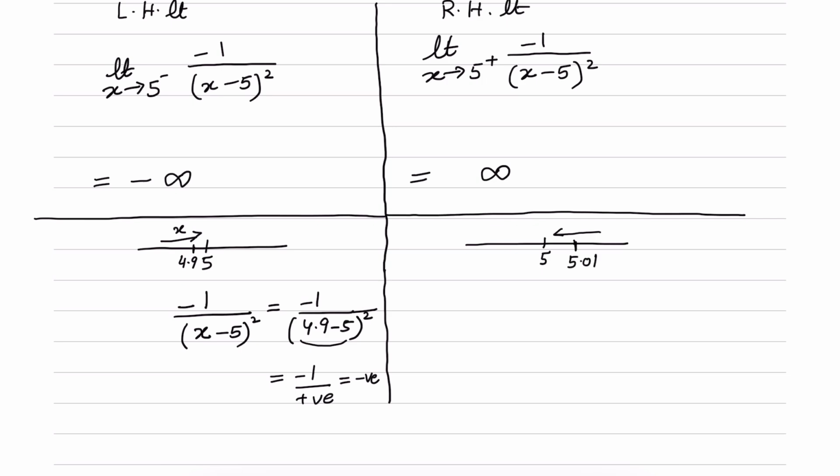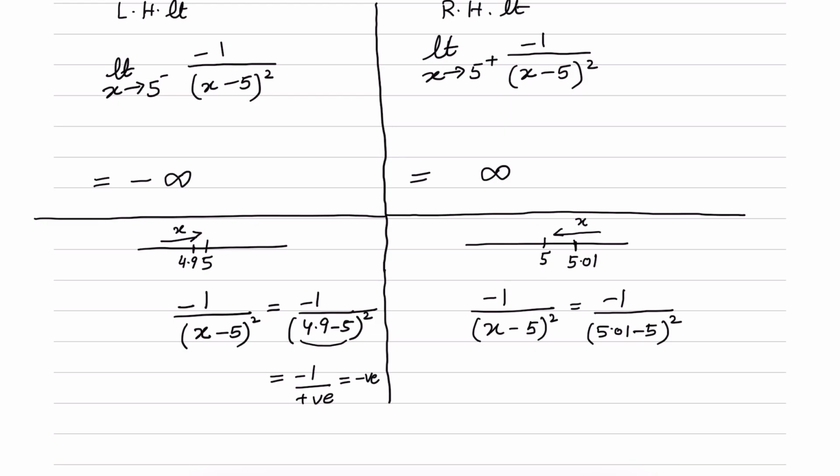Remember that you have to pick a number very close to 5. So we are picking 5.01 as x. So the function is minus 1 over (x minus 5) whole square, and in the place of x we are putting 5.01 minus 5 whole square.